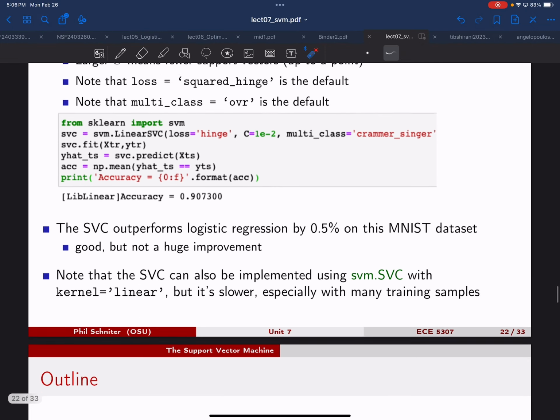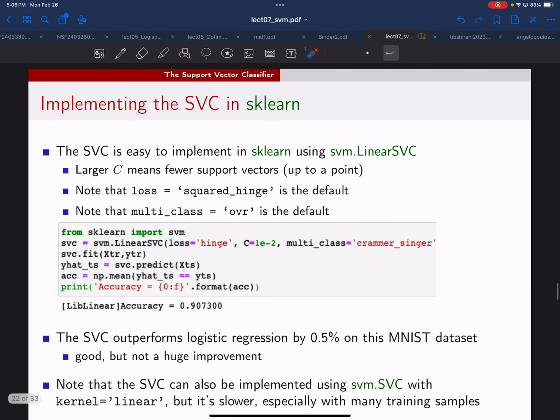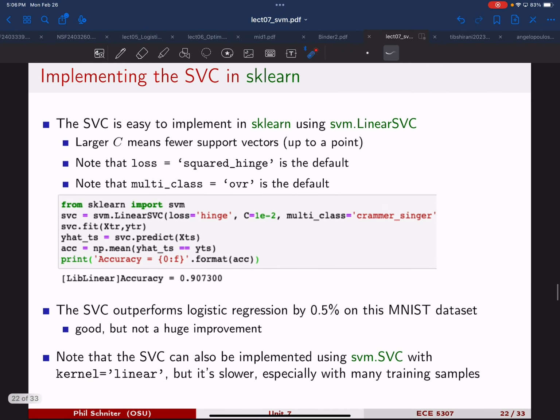Okay, so the very last thing is, if we're doing this in sklearn, it's not surprising, given everything we've seen before. It's in the SVM library. It's called the LinearSVC. And there are a few interesting things about the options or the defaults.